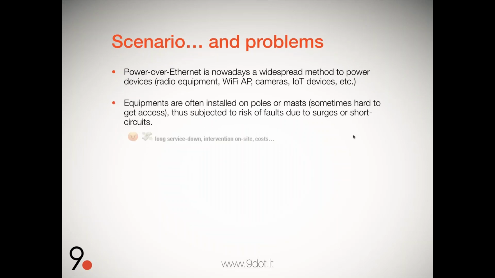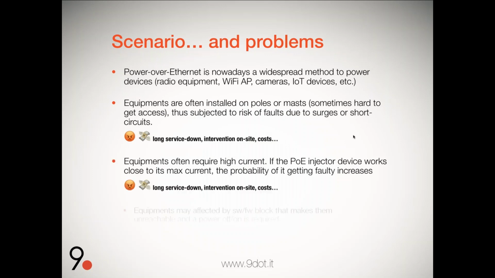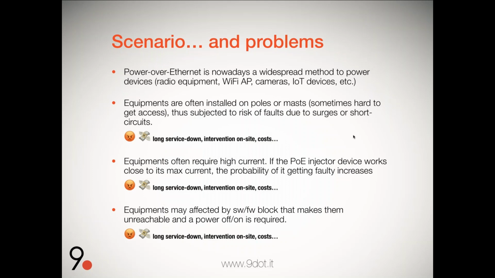So have a look at the scenario and the problems of this scenario. Power over Ethernet is a widespread method to power devices, every kind of devices, radio equipment, Wi-Fi access points, cameras, IoT devices, and so on.